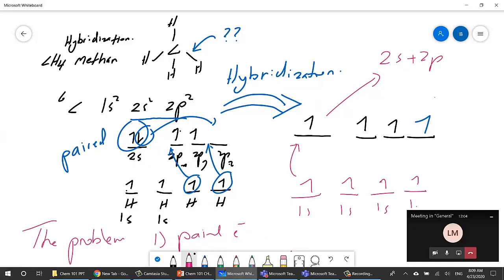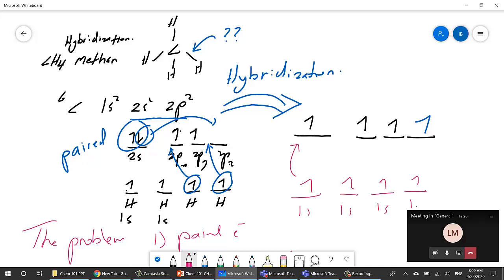Now we have 4 orbitals here. They are the same. Each one has 1 electron, and each one is bonded with a 1s electron. And there is no meaning to having these orbitals with different energies, and therefore they are all equal. And now we call them what?